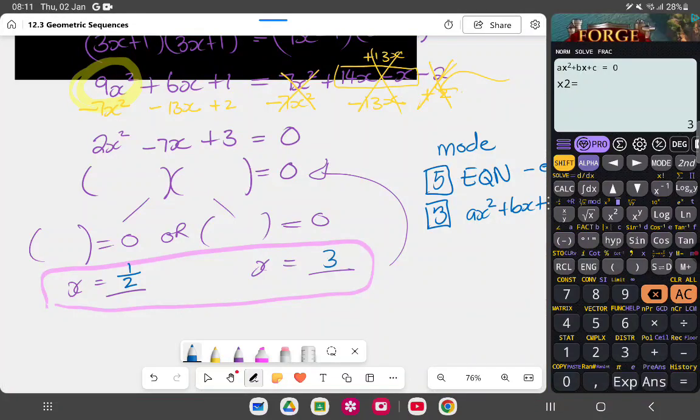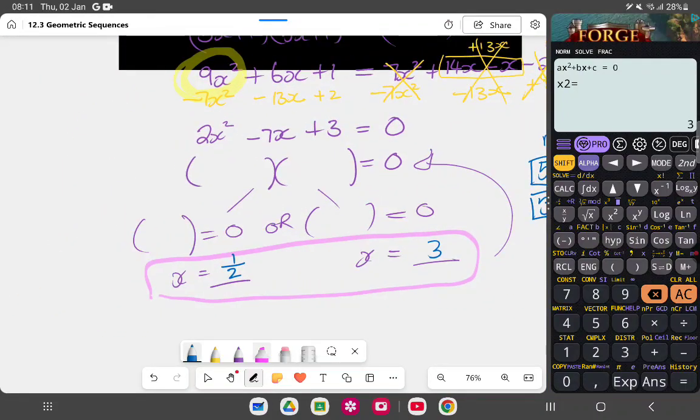Okay, now let's reverse engineer this. What does this mean? It means that in your brackets, remember there are 2 brackets. So let's do the right hand side first, the one with the 3, not the fraction, okay? This means that x, remember to get here, you're going to do the opposite of this sign.